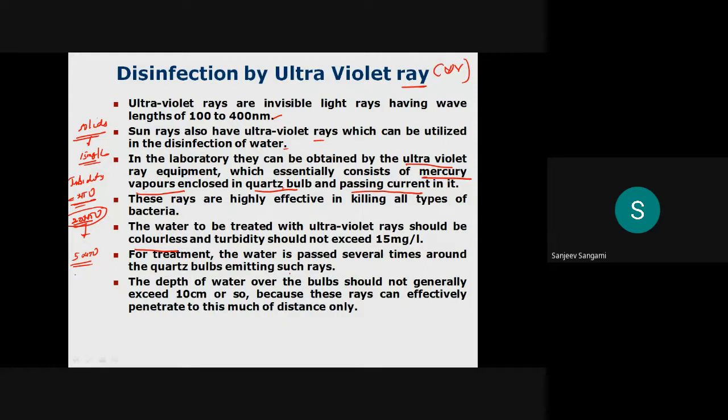Suppose the turbidity is high, so the UV light will not pass into the depth. For example, if water is there and you are transferring the UV light in this direction, if it is more turbid, then light will not pass.